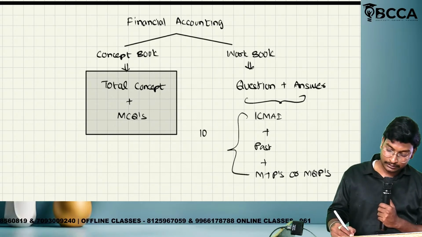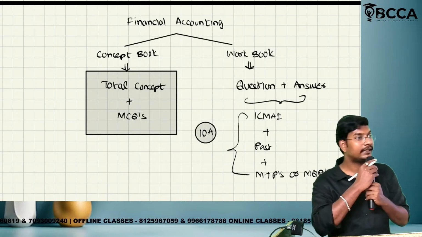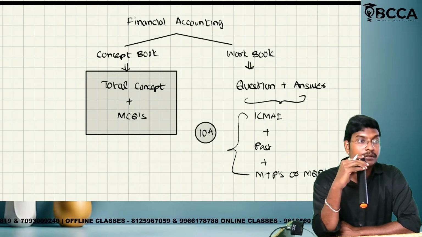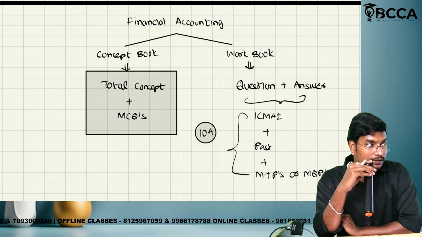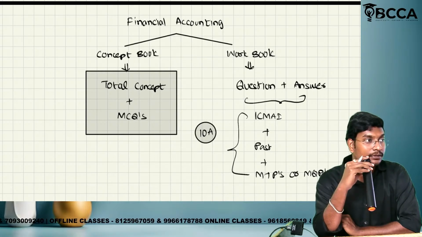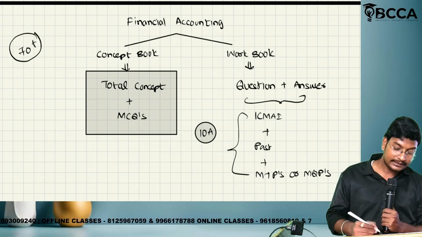Last 10 attempts of MQPs and past papers I have considered in this workbook. If you prepare this workbook, it is sufficient for the examination also. So totally, how many marks can we easily secure in financial accounting? Easily 70 plus, because we have the advantage of what?